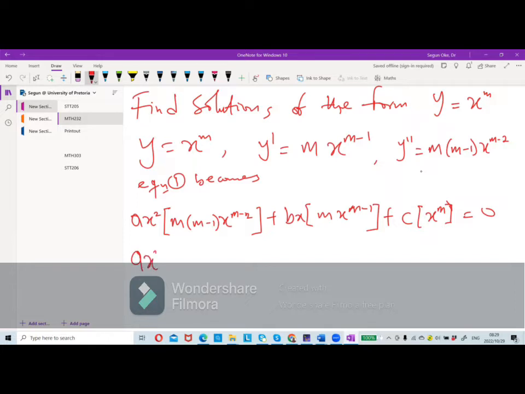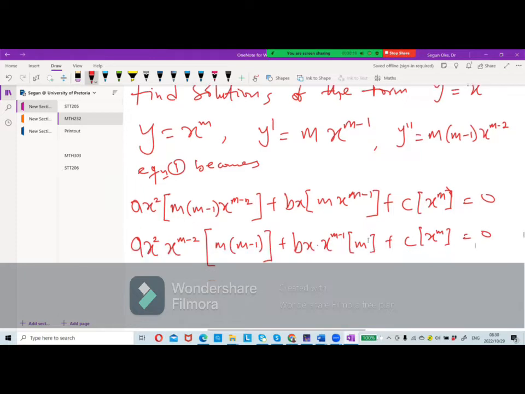I have a s squared and s raised to power m minus 2, in brackets m into, let me use big brackets, m minus 1, plus b s dot s raised to power m minus 1, in brackets m, plus c, in brackets s^m, equals 0.